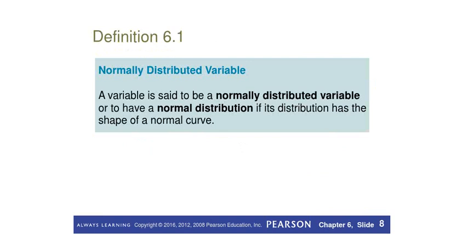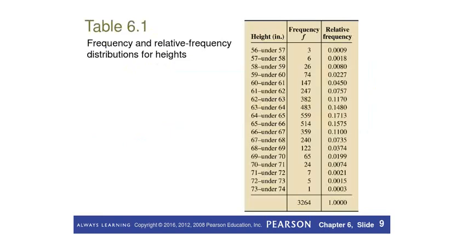Now, for a normally distributed variable, we state that when we look at its distribution, its density curve, it will have a normal distribution. Remember that was the kind of curve that was shaped like a bell. That is, it had a high center value and it was equally distributed on either side of that mean. Let's take a look at a specific example.